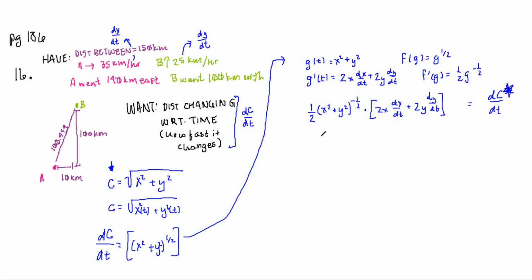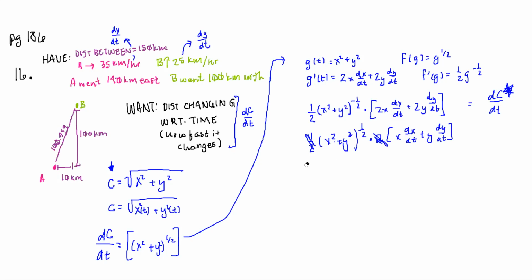So algebraically, just to make something simpler, this is going to turn into 1/2. And then that 2 and that 1/2 can be canceled.